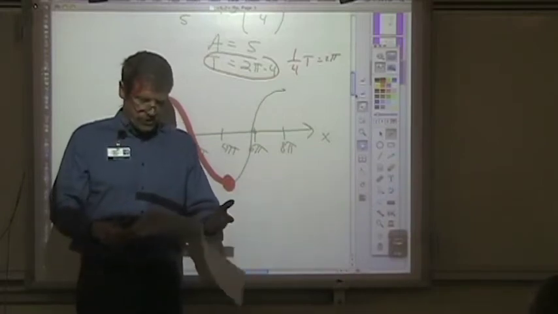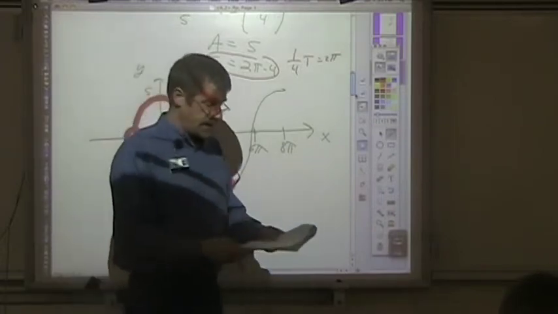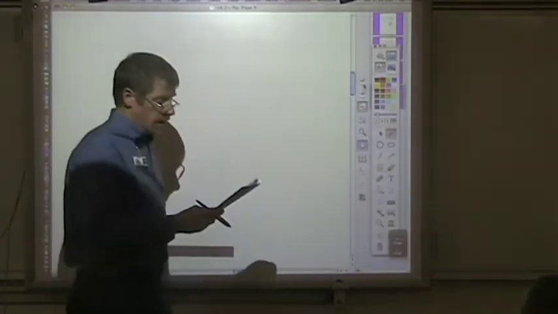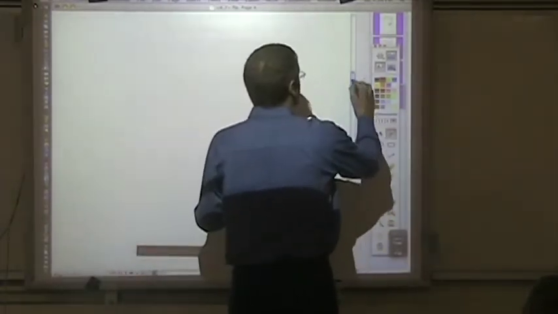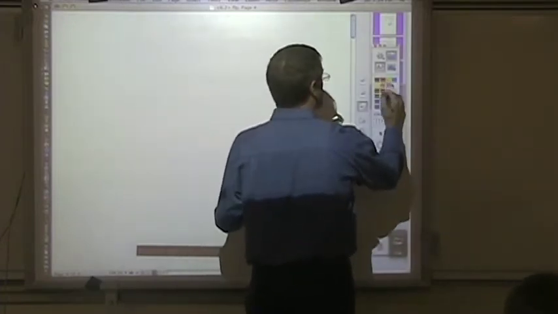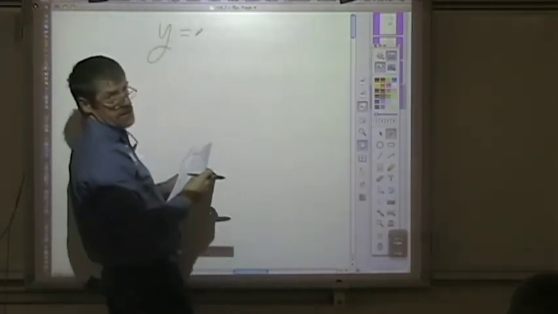Number 2. Problem 2 is we're sketching negative 1/4 sine of x over 6. Here it is. Write it down for you. We've got a child of the sine x parent.